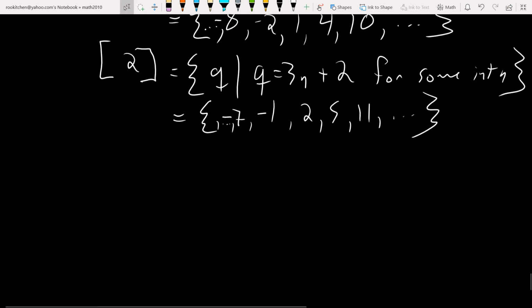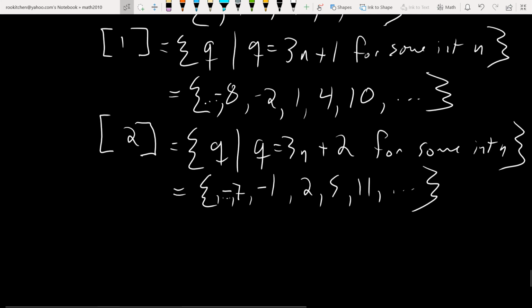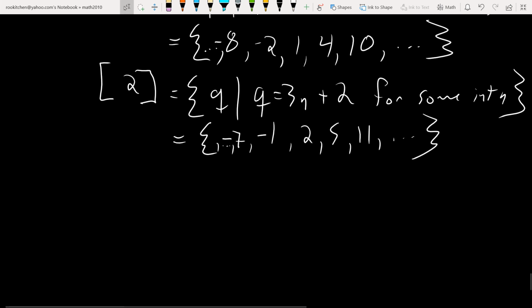Okay, and this forms a partition of the integers. Every integer is in one of these sets. Every integer is of the form 3n, 3n plus 1, or 3n plus 2. You tell which set it's in just by taking that number mod 3, right? So 11 mod 3 is 2, right?